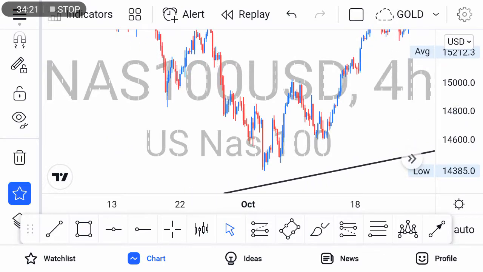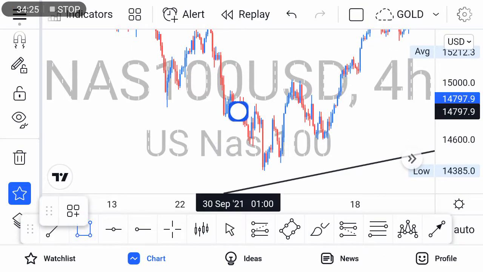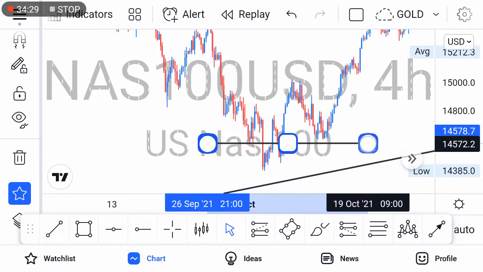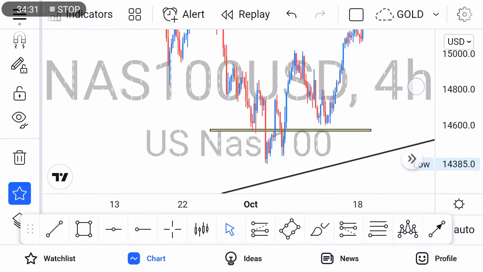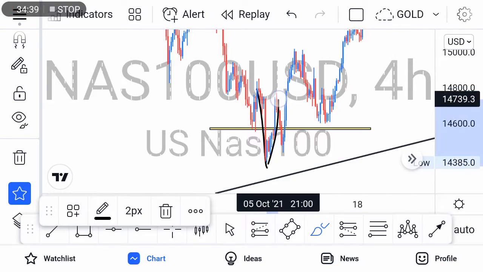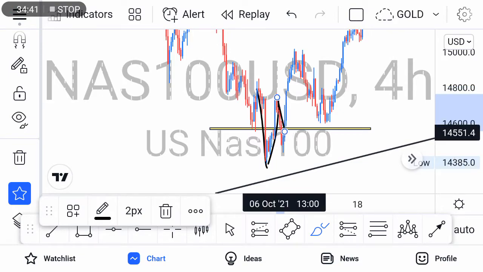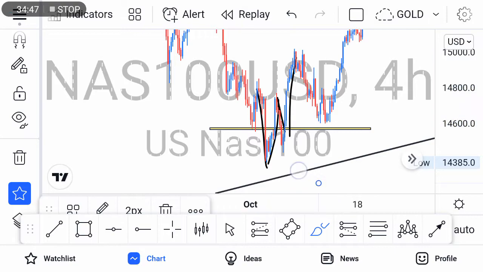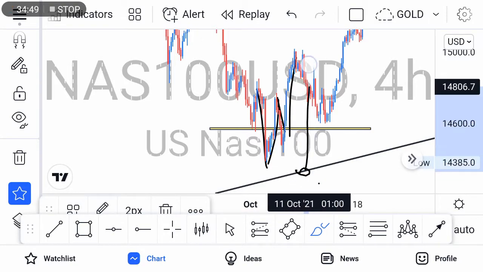So once we have this left shoulder, what do we do? We put our zone looking at the left shoulder, and once the market breaks that to touch the trend line, we say, okay, we wait for price to go and retest, then we can enter and go long, or we put a buy stop here and we enter long.